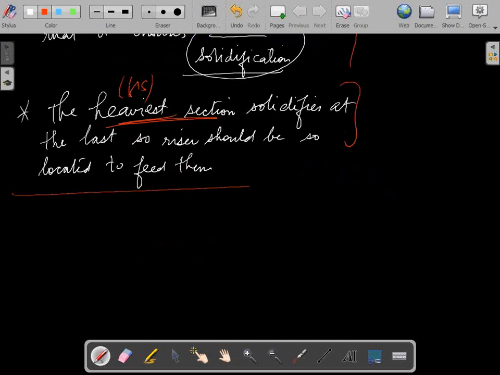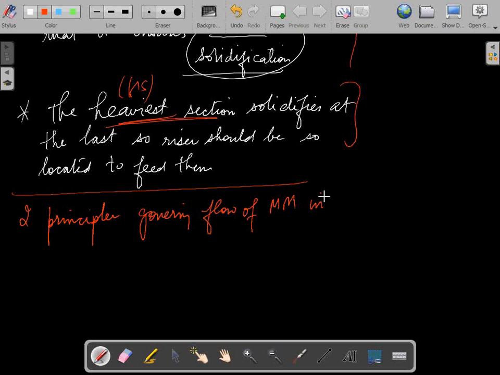Anybody can tell me. Two principles governing flow of molten metal in a mold cavity.